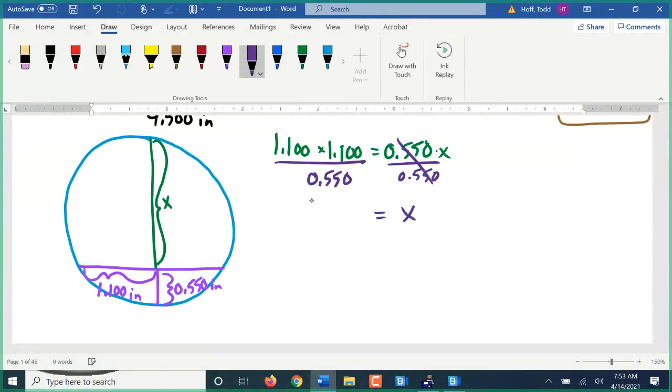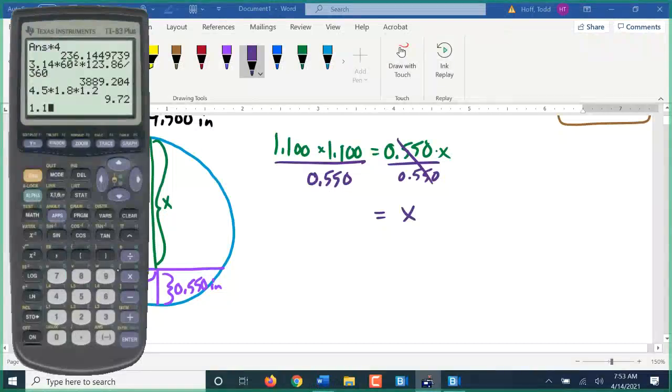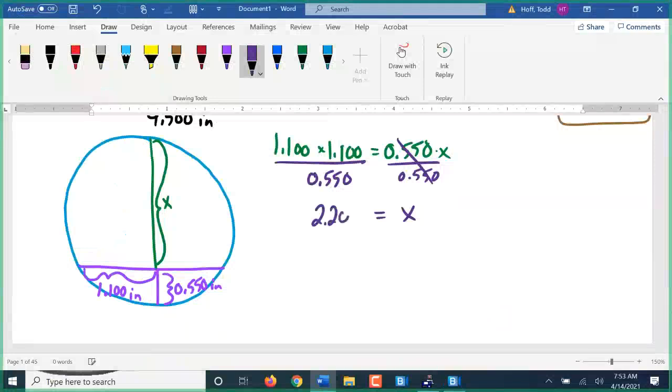X equals... how do I find the diameter of that circle? Perfect.